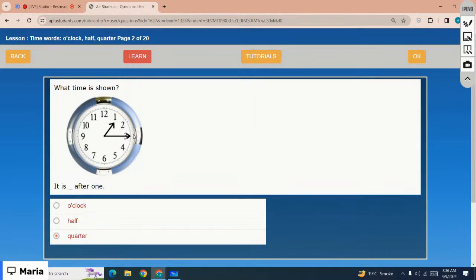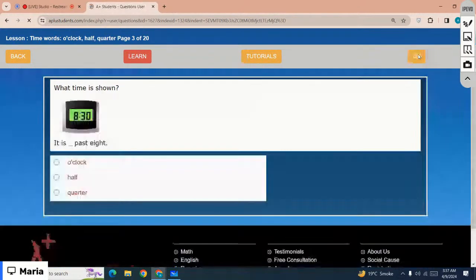So that is quarter past one. The correct option is quarter past one, right? Okay, what time is shown?